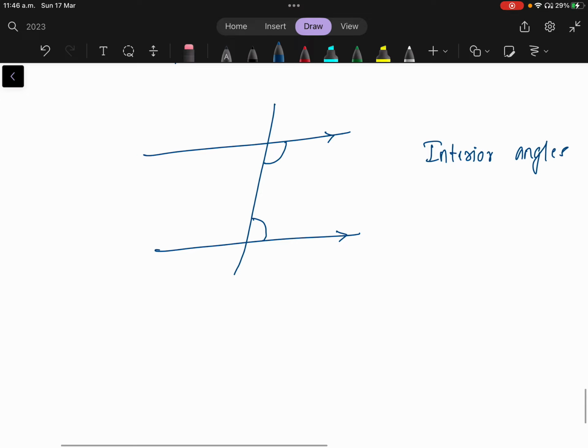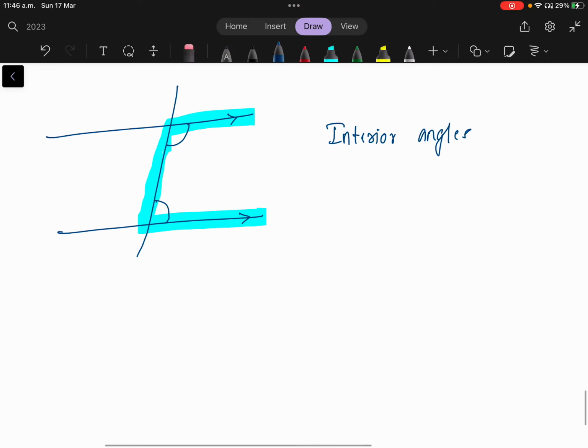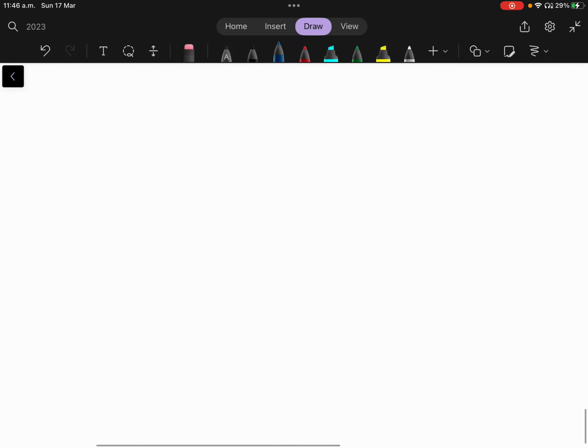You can remember it like this: there is some kind of box and these two angles are within the box. Interior angles add up to 180 degrees. This is a property. Whenever you have two interior angles, they will add up to 180 degrees. So there are three types of angles: corresponding angles, alternate angles, and interior angles.